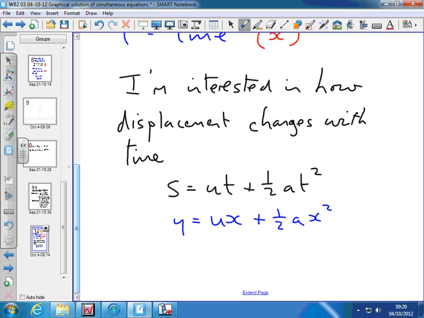So that's exactly what I'm going to plot on Autograph, because T is my independent variable, x, and S is my dependent variable. If I plot it, what might I expect it to look like? Yeah, because of the x squared term, it's going to be a quadratic, so I'm expecting a curve.